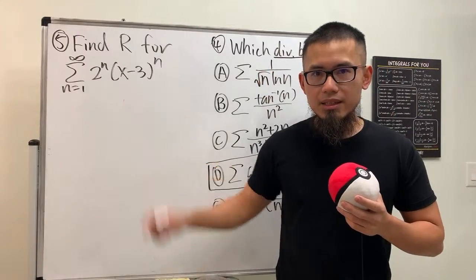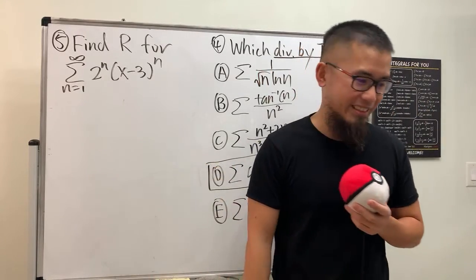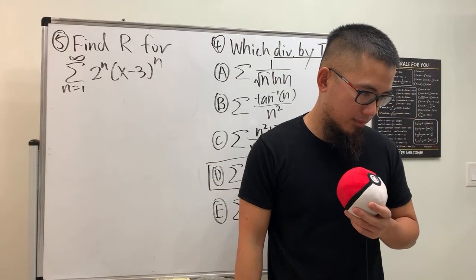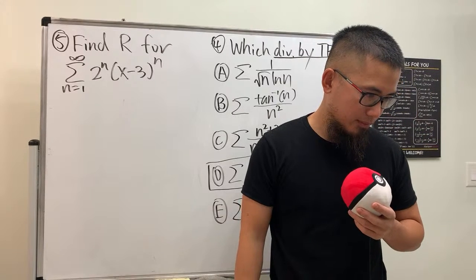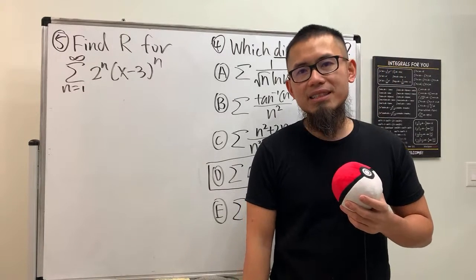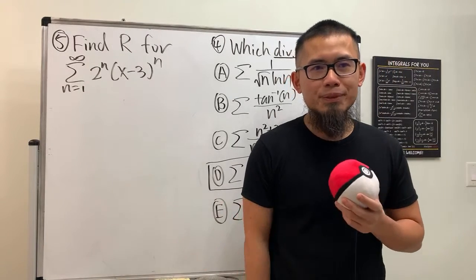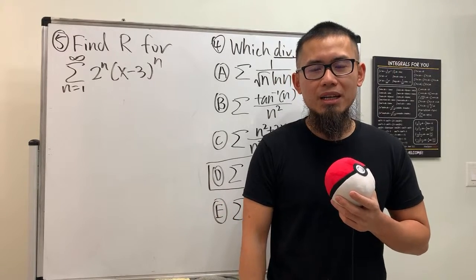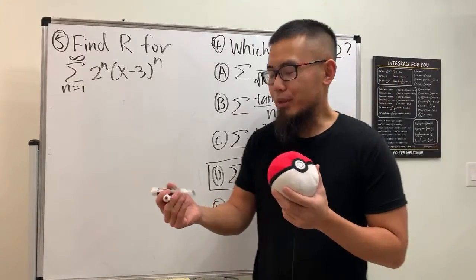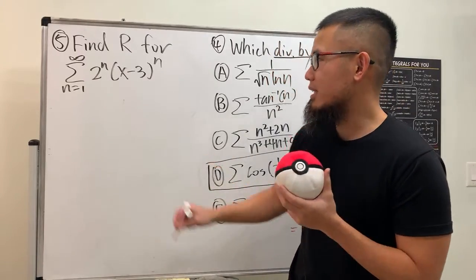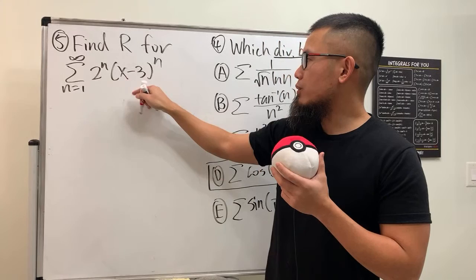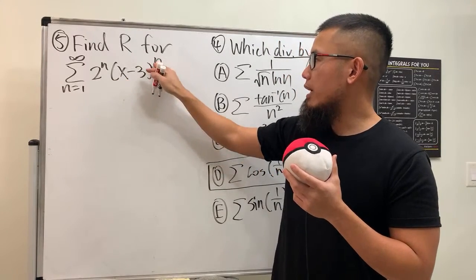Any recommendation on how we can do this? You can do the ratio test, and in fact, I have given my students a powerful formula, which is kind of like an extension of the ratio test. Pay attention to the (x minus a) to the nth part.